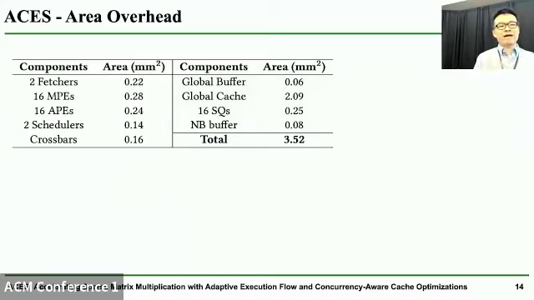For example, if we have 1.5 MB total on-chip storage overhead, we can use some portion of it as an NB buffer to handle the concurrent data access and reduce the total on-chip cache capacity. So the total capacity may be the same, but we're just using some of the storage for the NB buffer.